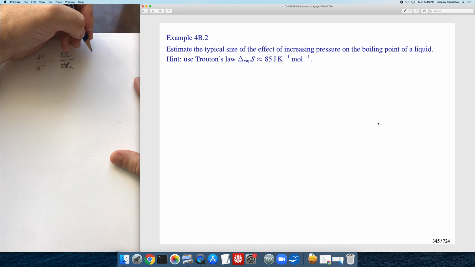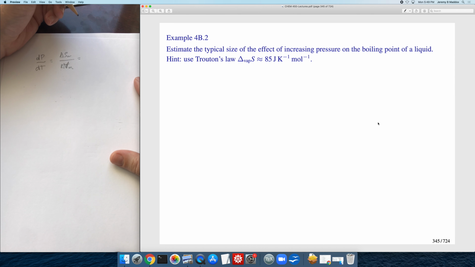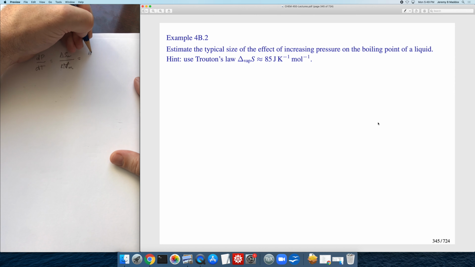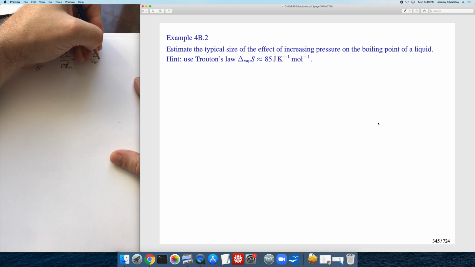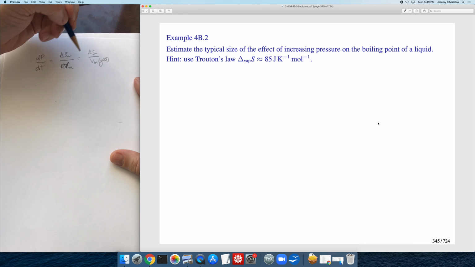And then for the delta V, because this is vaporization that we're talking about, it's really the molar volume of the gas, right? This delta V is going to be dominated by the molar volume of the gas, so we can make that approximation there.